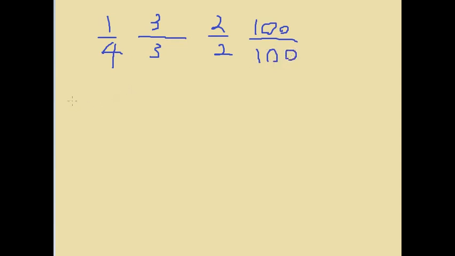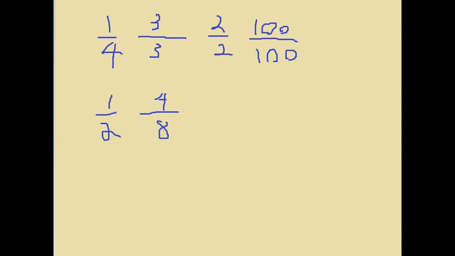Now, when you're asked, is any fraction equivalent to another fraction, you have to look at the bottom denominator first. So for example, let's say we're given 1/2 and 4 out of 8, and you're asked, are these fractions equivalent? Well, look at the denominator and ask yourself, can I take this number, this 2, and multiply it by any number that's going to give me 8?